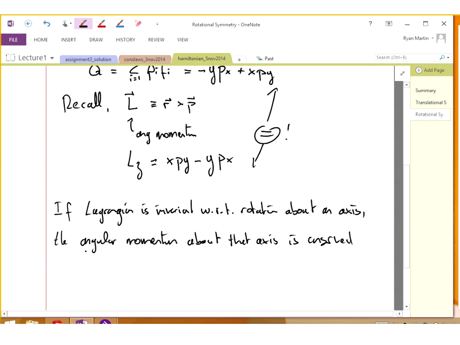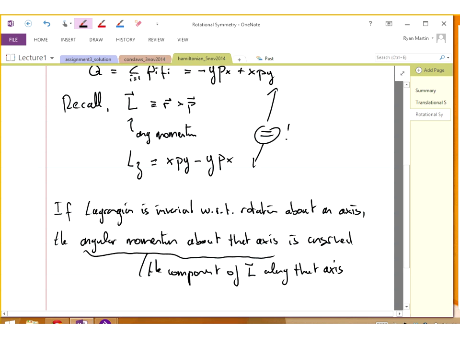When I say angular momentum about that axis, I mean the component along that axis. Okay. So if the Lagrangian is invariant with respect to a rotation of the axes, then the angular momentum along the direction of that rotation is conserved.